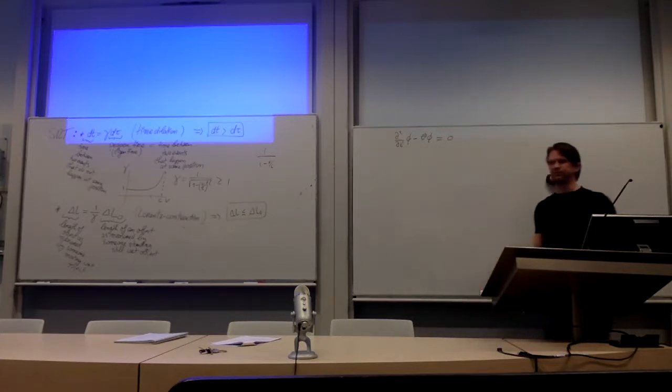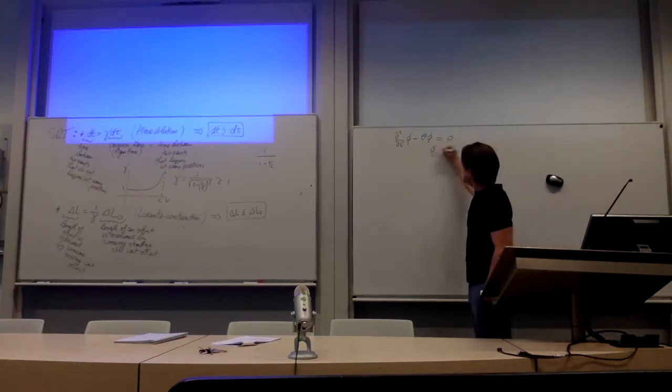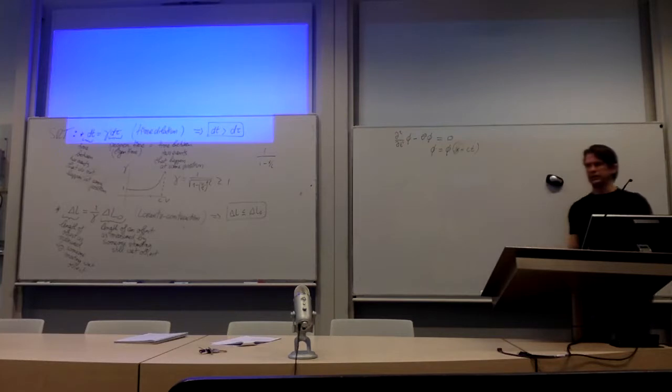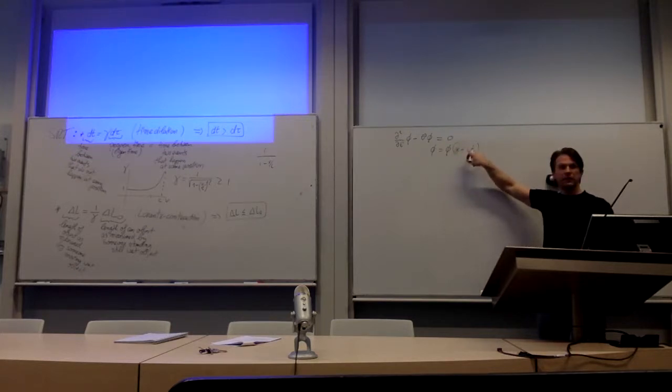One of the exercises that we did a couple of weeks ago is that this is always solved by an equation that looks like this. And then we made the physical conclusion that apparently whatever phi is, it moves through space with the speed of light. This is a mathematical consequence of this equation.